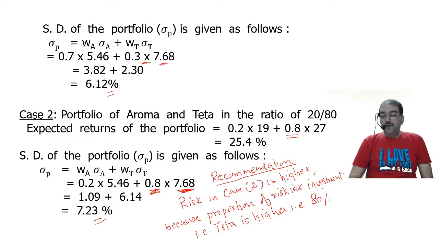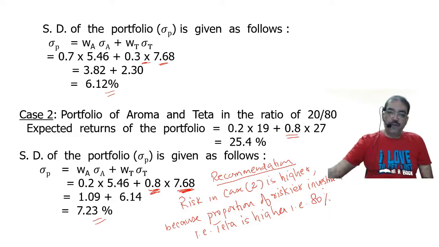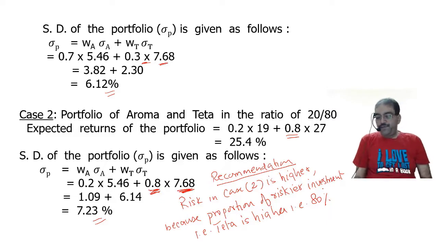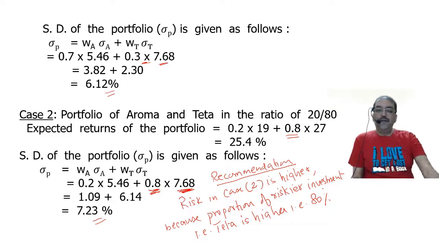So the investment with higher risk is more in proportion. Therefore the risk is more. Interpretation, recommendation. Risk in case 2 is higher because proportion of the riskier investment, that is theta, is higher, that is 80%.